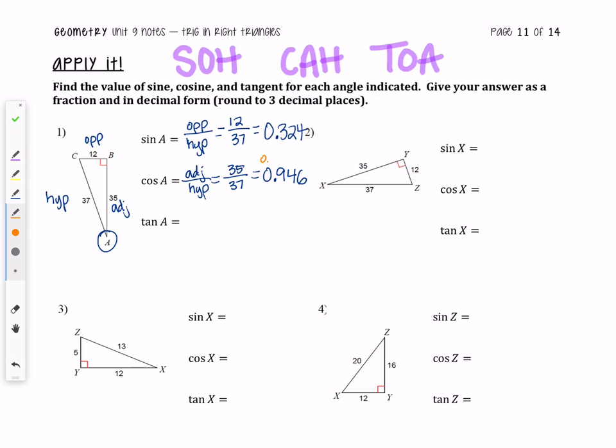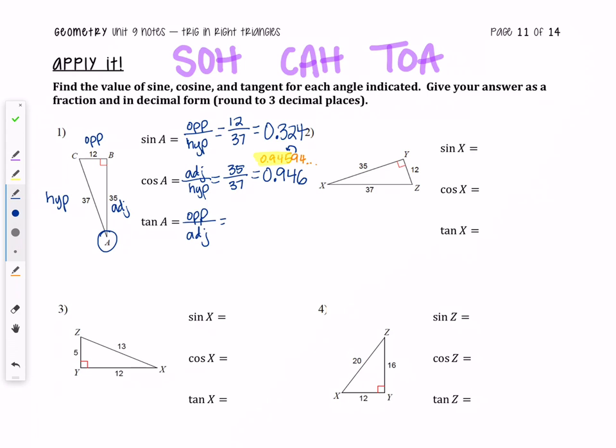Originally it was 0.94594, and so on. We're only going to that 3rd decimal place, and this 9 causes the 5 to round up to a 6, okay? So 0.946.